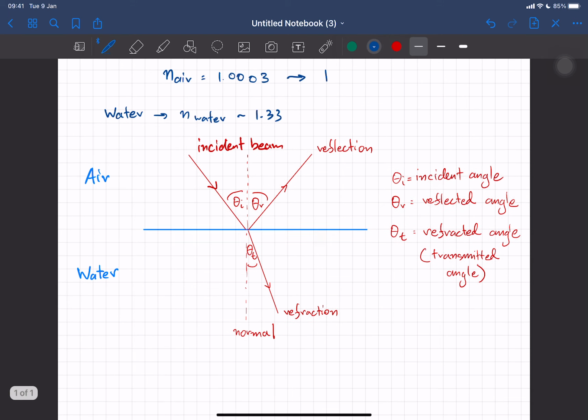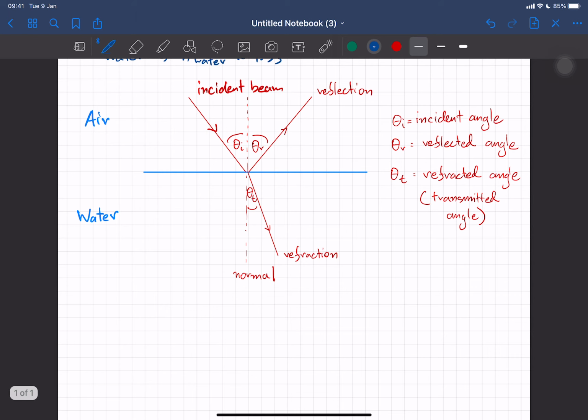And for the relations between these angles, there are only two kinds of rules that we can prove using electromagnetic wave theory, which we are not going to do in this class. So we just state the result, and it's the result that I think sometimes you probably know without thinking too much about it.